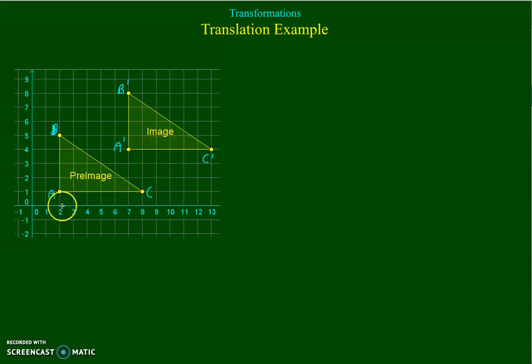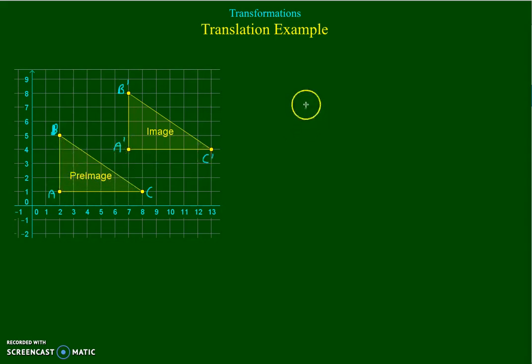Now, we can see that point A has been moved over to the right, and it's been moved over 1, 2, 3, 4, 5 units to the right. And it's been moved up 1, 2, 3. So 5 to the right and 3 up.